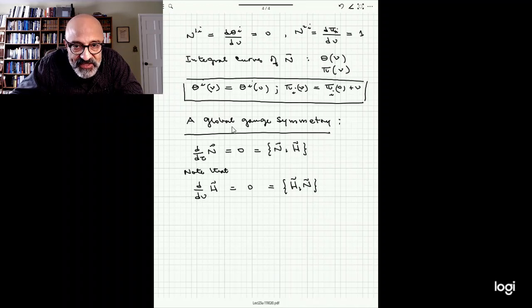This is a symmetry, and this is what we call a global gauge symmetry. Global here means just, look, it's a symmetry. Something is preserved: the Hamiltonian is preserved when you move in the direction of the n vector, right? But what is preserved along this flow is you flow by changing the momenta, but you change them by a constant, independent of I. That's what global means.